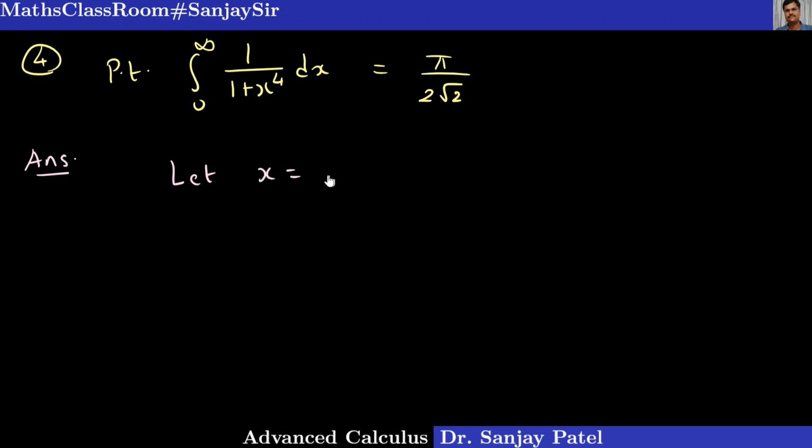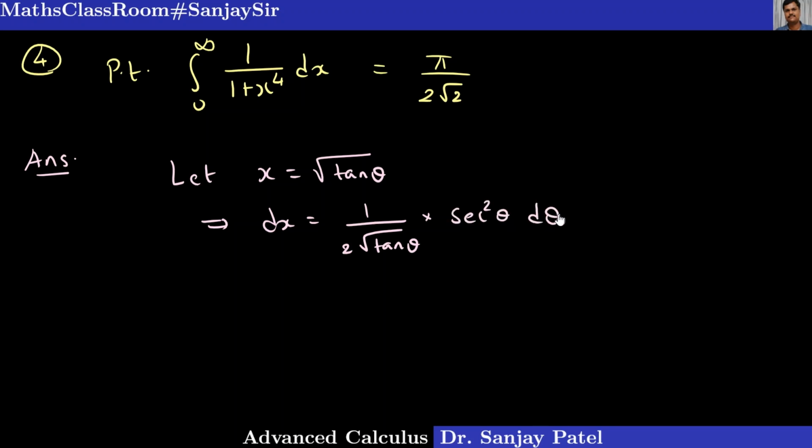Therefore dx is equal to 1 upon 2 root tan theta into sec square theta d theta, since the derivative of root of something is 1 upon 2 root of something, and the derivative of tan theta is sec square theta.